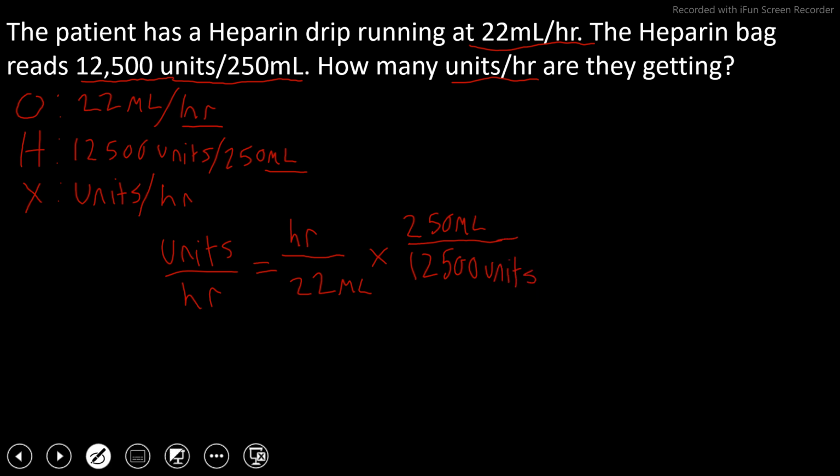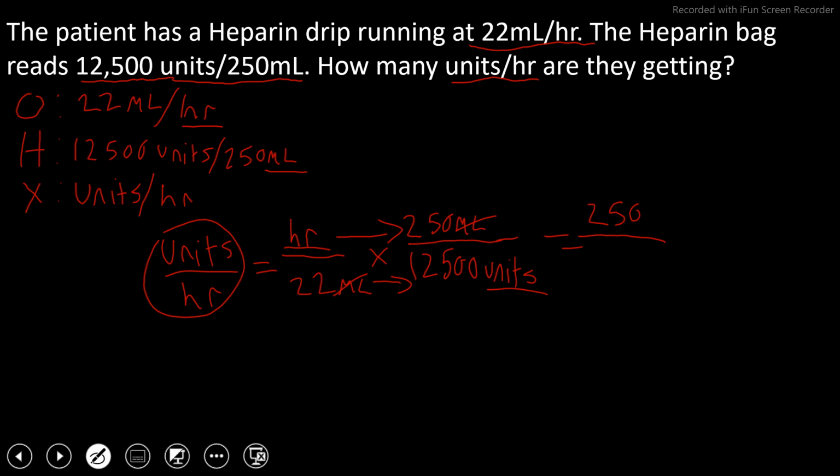Okay. So we have our mLs cancel out and we have our hours and units, which is what we want. So now we multiply across on both the top and bottom.